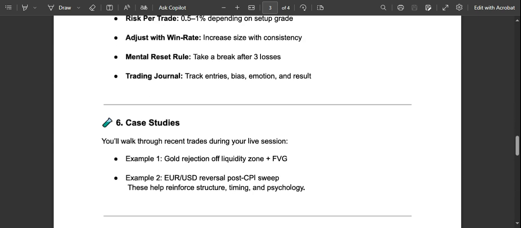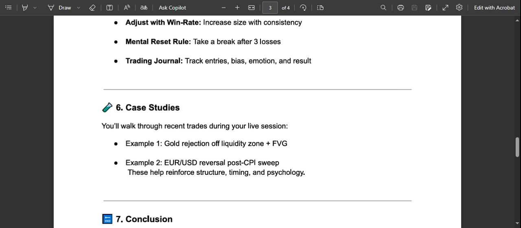There are some case studies that we are going to cover, and as I said, I'm going to include all this in our next video. So guys, be prepared. On Friday, we are going to do a live gold trading session so that we get to understand how it moves.